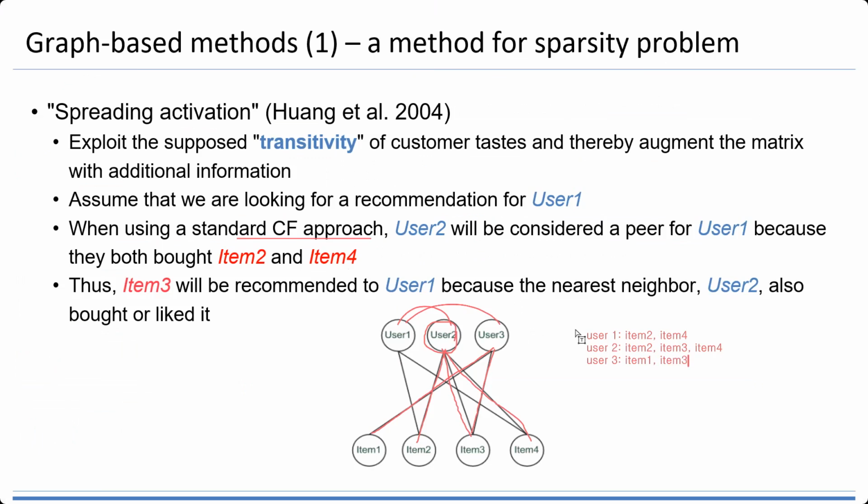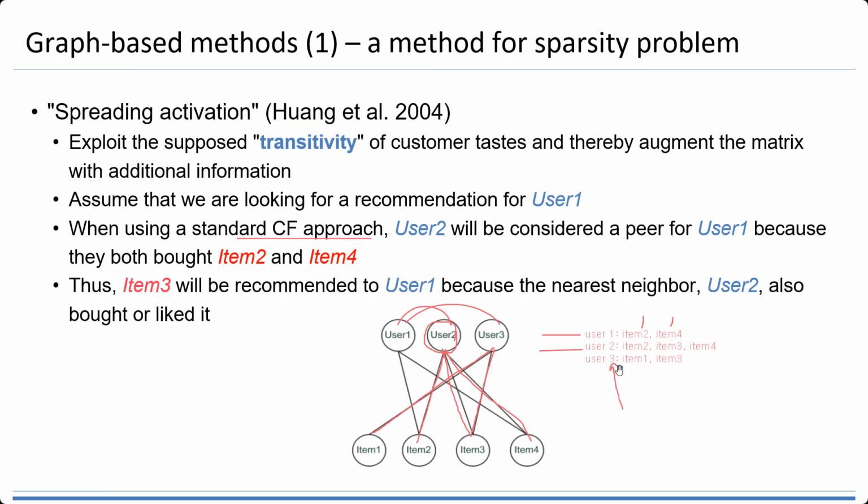With collaborative filtering, we want to find the similarity of the users, or the similarity of the items. In this case, I know that user 1 is closer to user 2 because they have more similar items compared to user 3.